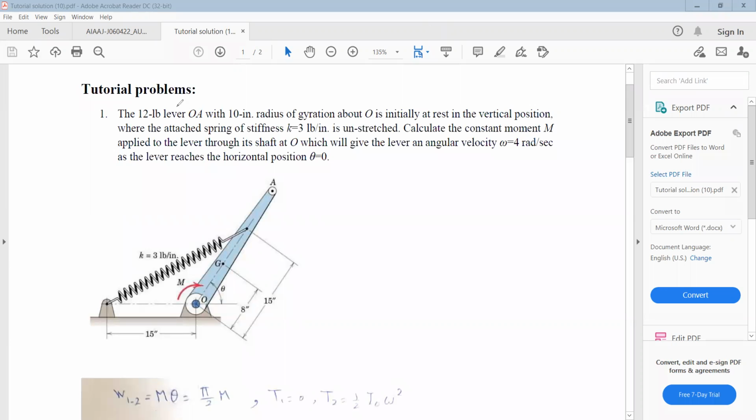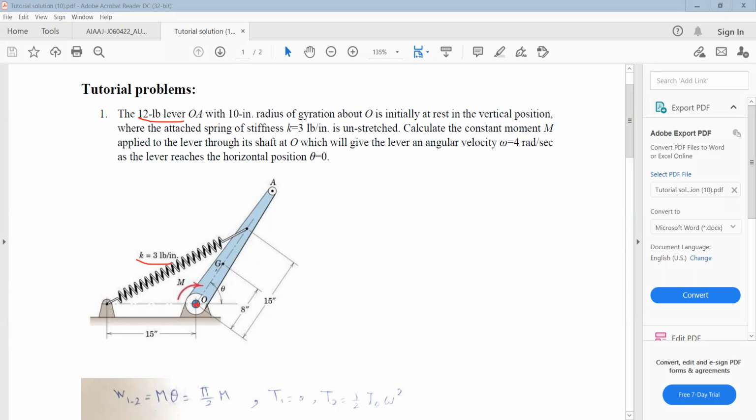We have a lever with a weight of 12 pounds and a 10-inch radius of gyration about O. So the radius of gyration about this point, the fixed point of the rotation, is 10 inches. It is initially at rest in the vertical position, where the attached spring, of stiffness k equal to 3 pounds per inch, is unstretched.